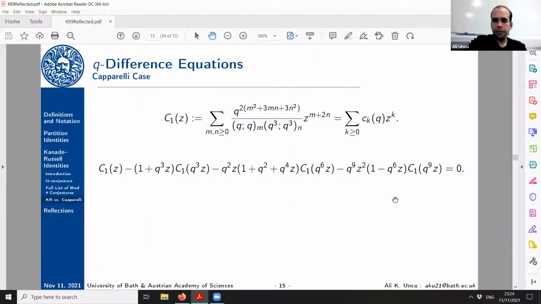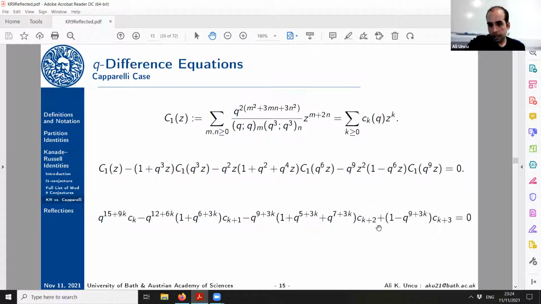And this q-difference equation for the bivariate function is also equivalent to a recurrence relation for the coefficients, if you think of it as a formal power series in z to the k. And that recurrence relation is this. These are equivalent.